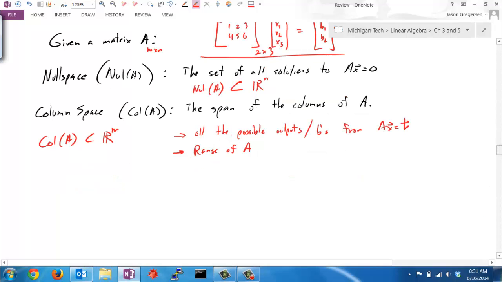Of course, we had to find these things. So if A was equal to 1, 2, 2, 4, describe the column space and the null space. That's the problem to work on paper.